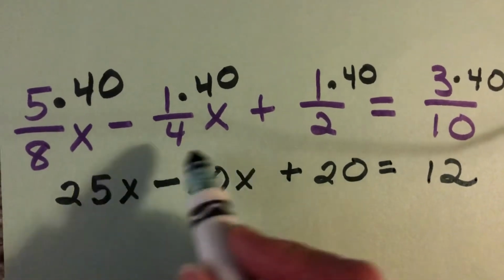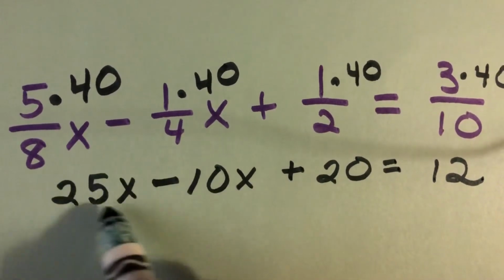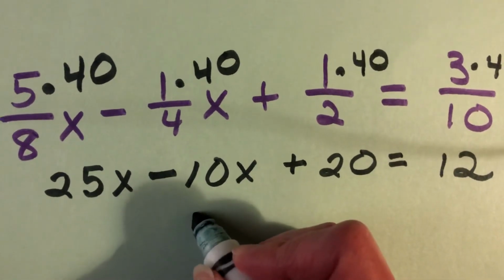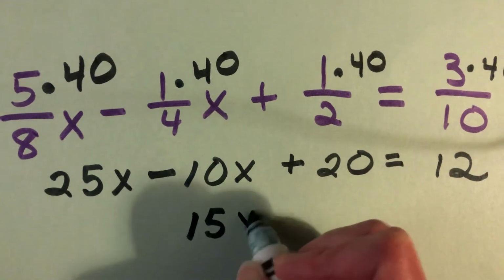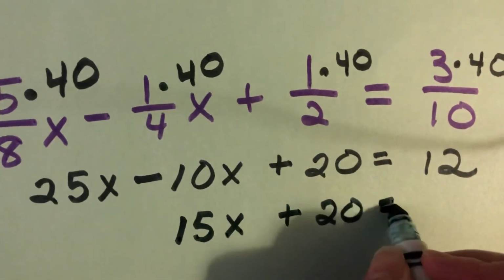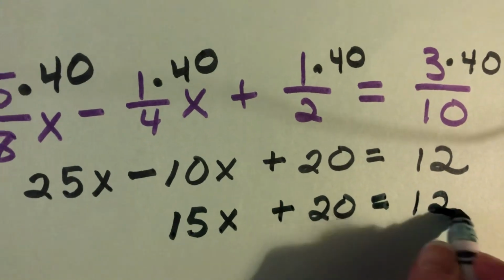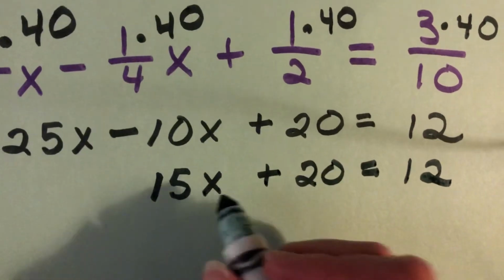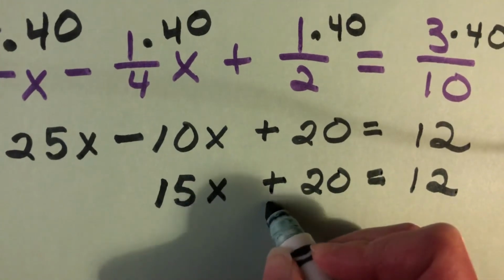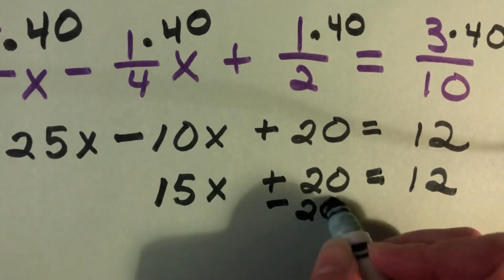Then I need to collect my like terms on the same side of the equation. So 25x take away 10x is 15x plus 20 equals 12. To get the x by itself, I need to first get all of my numbers to this side. So I have to remove 20.